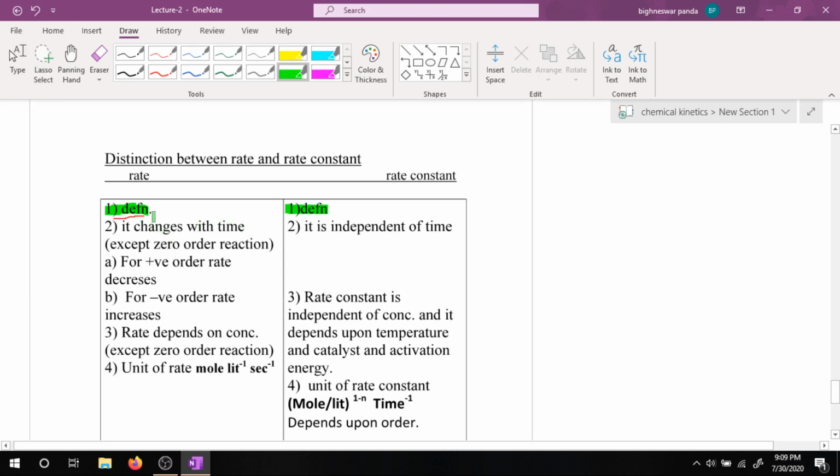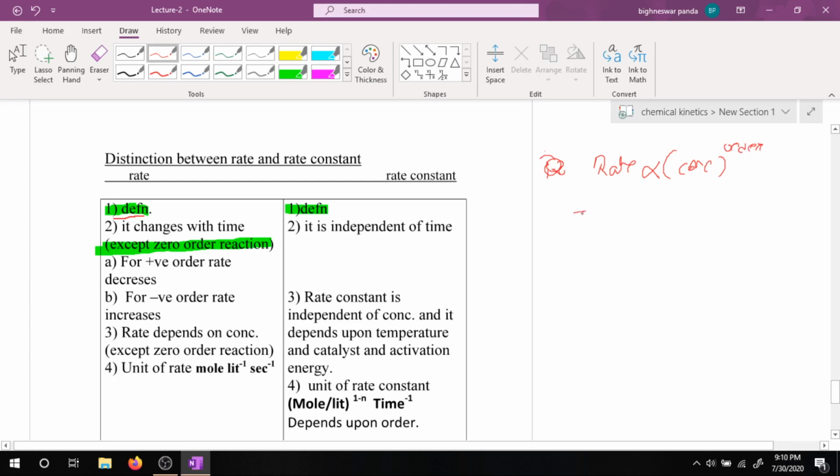Rate changes with time except zero order reaction. Why except zero order reaction? Consider here, rate is directly proportional to concentration power order.